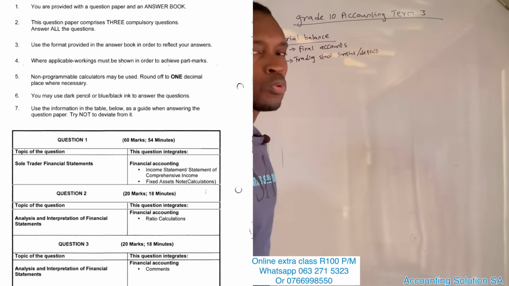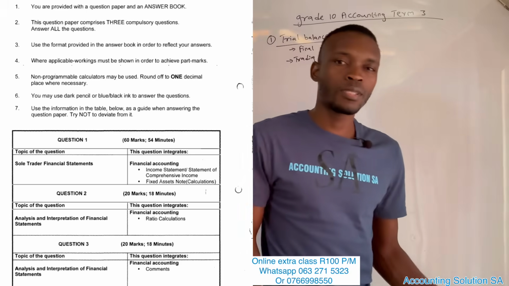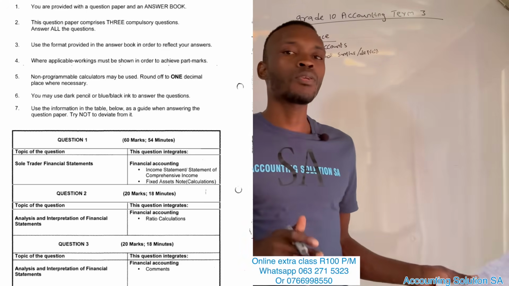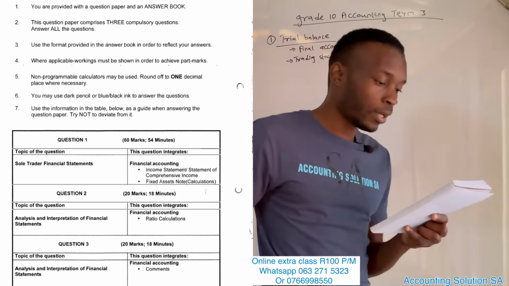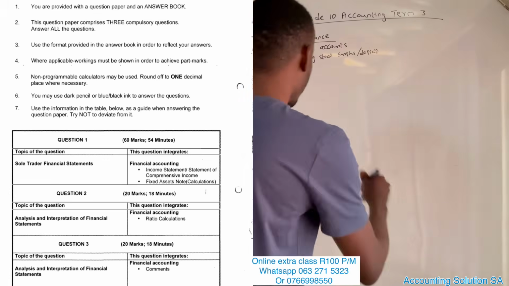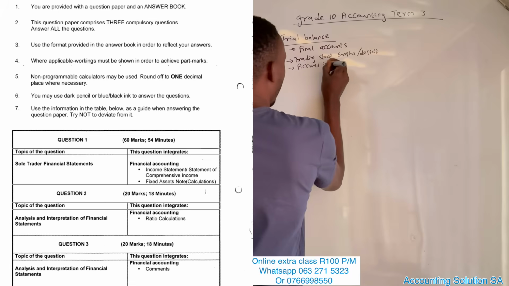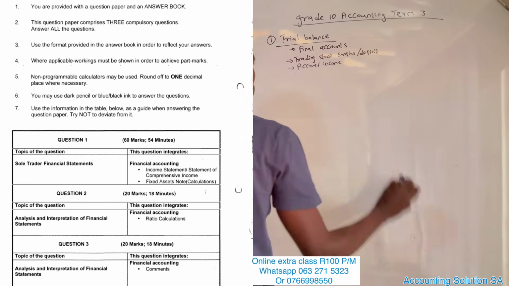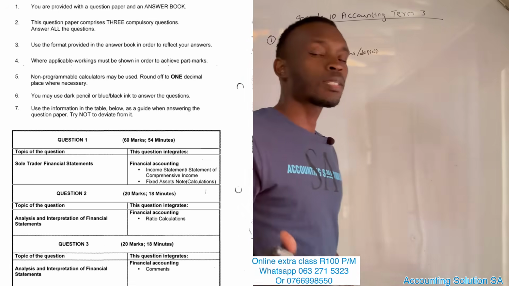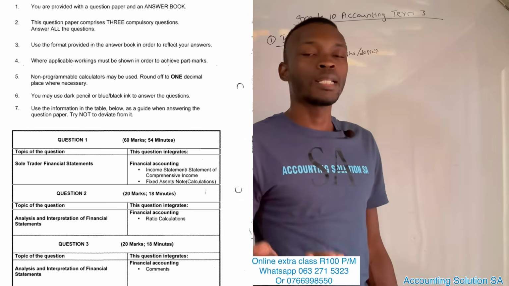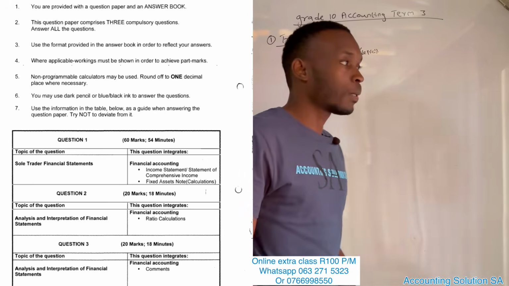You must be able to calculate, is it a trading stock surplus, is it a loss, or is it a profit? You must also be able to calculate and identify accrued income. In other words, you must first know what accrued income is. It's when somebody owes us an income, that person has not yet paid us.